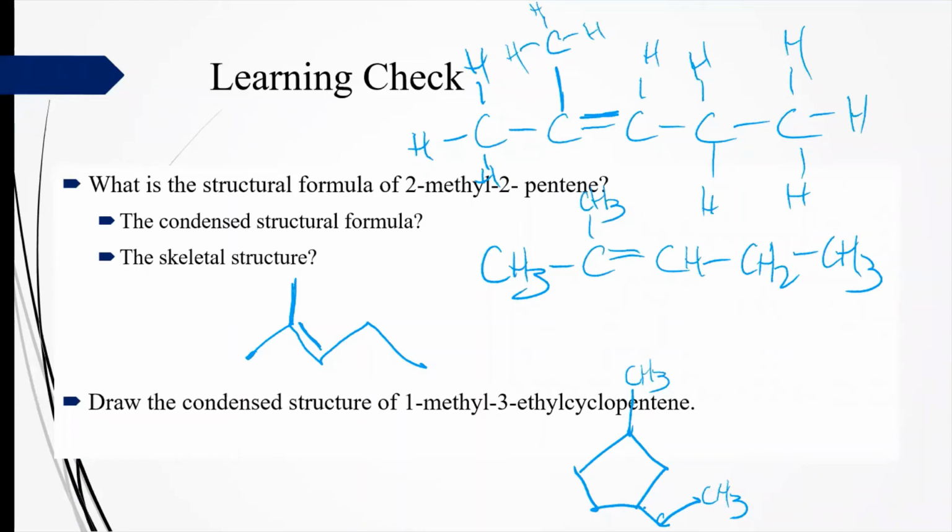So we have our methyl, we have our ethyl, and then the last thing we need is our double bond. Now, really, I should have written this as 3-ethyl-1-methyl-cyclopent-1-ene, to let you know where that double bond is.